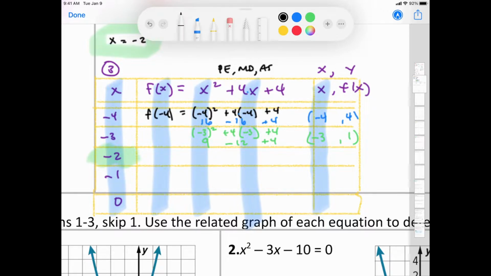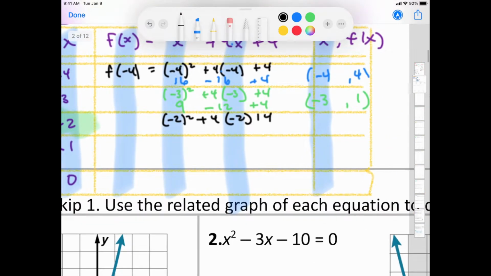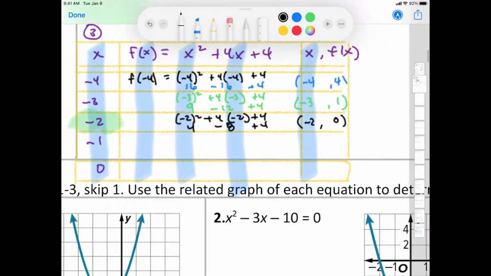Let's do negative 2. Negative 2 squared is 4. 4 times negative 2 is negative 8. And that's positive 4. So 4 minus 8 is negative 4. Negative 4 plus 4 is 0. So when I put in negative 2, my answer is 0.